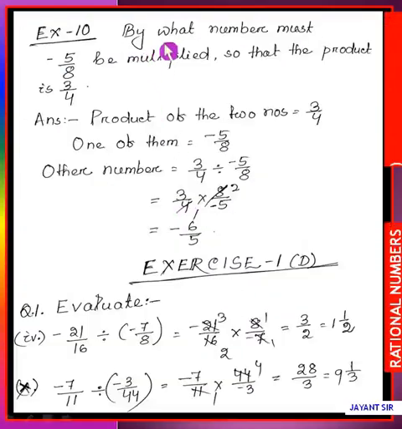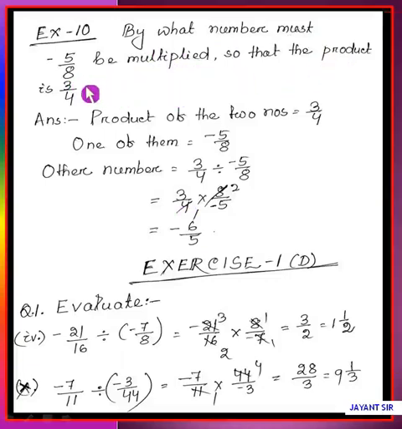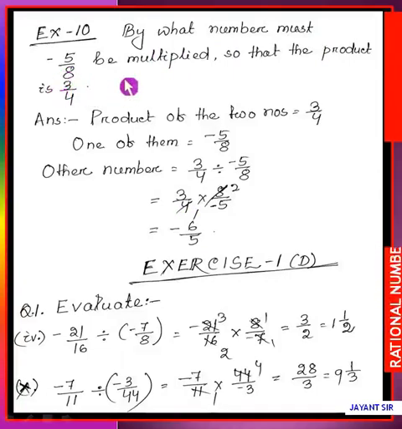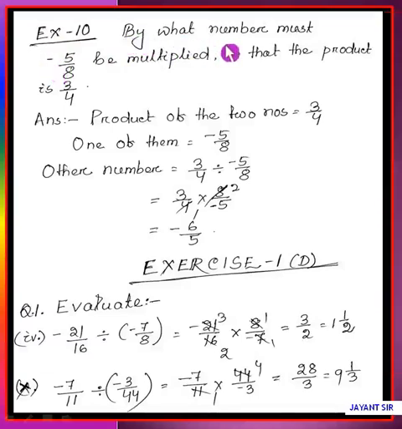Example 10: by what number must minus 5 by 8 be multiplied so that the product is 3 by 4? Try to understand the question. In this question also the product of two numbers is given and one of the numbers is given, so we can find the other one.